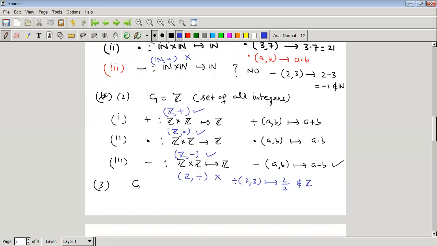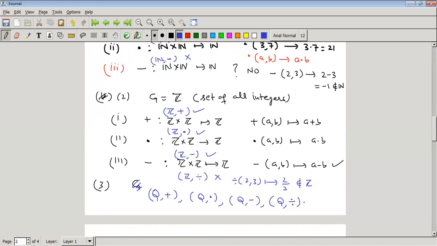Now, I have a question for all of you. Think about the set of rational numbers. Q is the set of rational numbers. Q under addition, Q with multiplication, the set of rational numbers with subtraction, and the set of rational numbers with division.